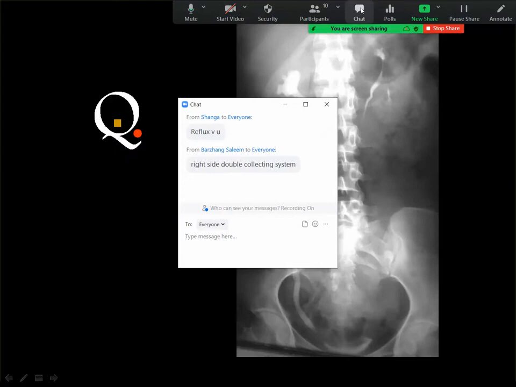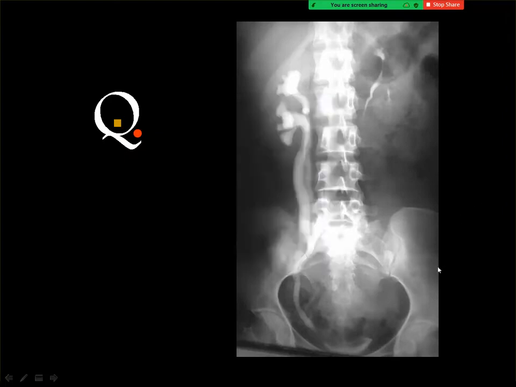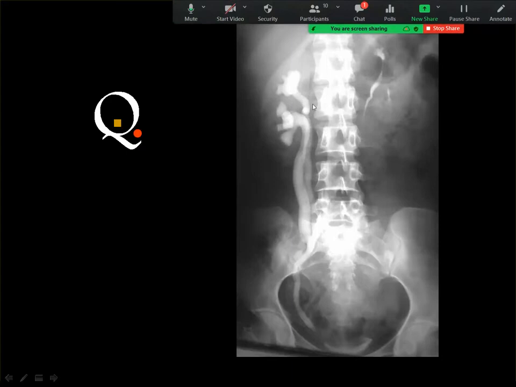And the answer is reflux in the right-sided double collecting system is another answer. And the true answer is this is duplicated right-sided pelvicalyceal system and ureter, and both ureters united approximately at the level of the sacral promontory.